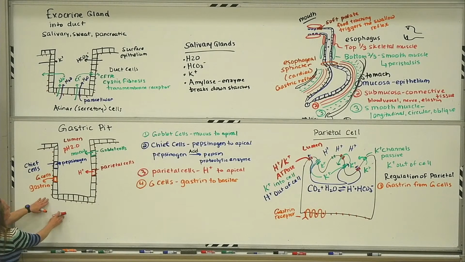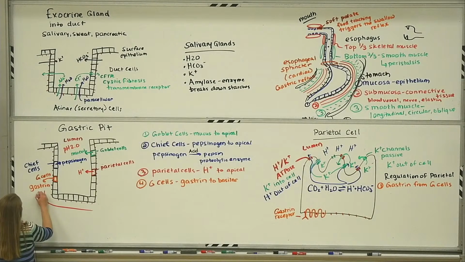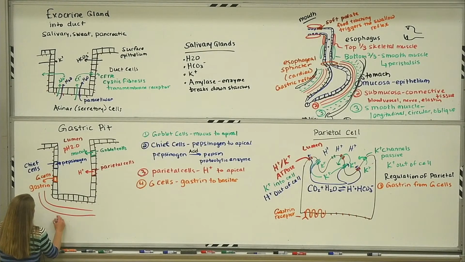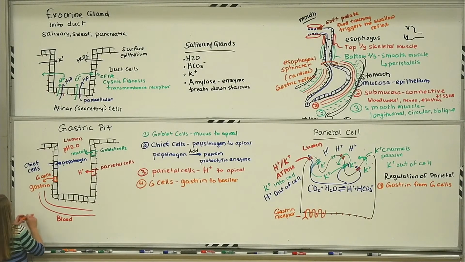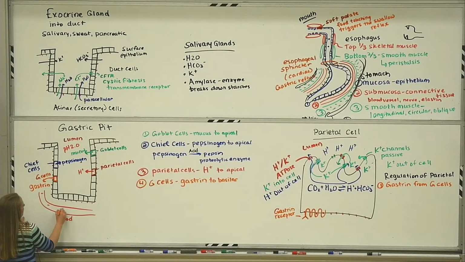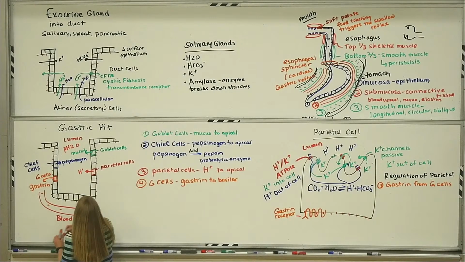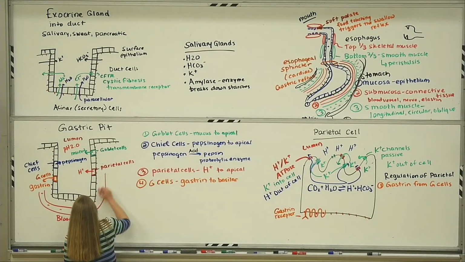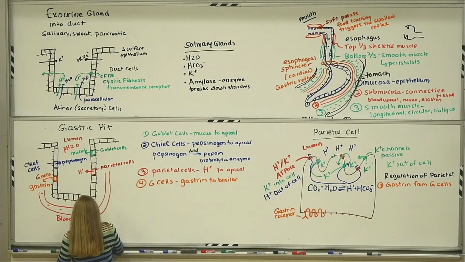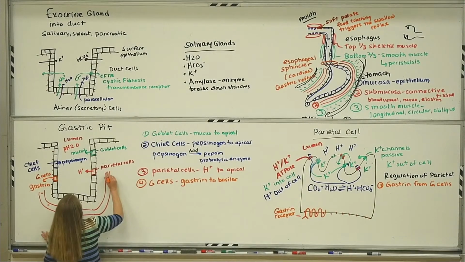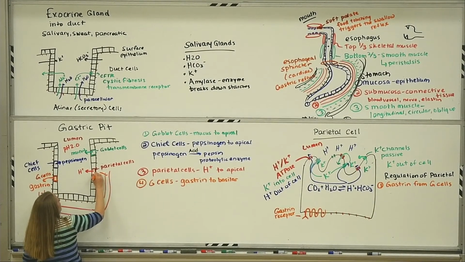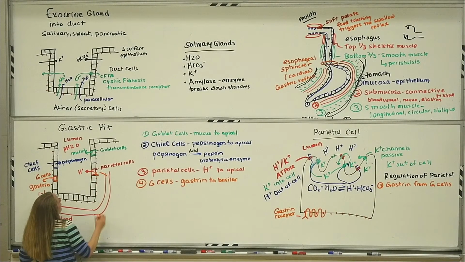So remember we said this was mucosa. We had submucosal layer below this. And in that submucosal layer, you'll have blood. So you can get this gastrin molecule into your blood, and it's going to travel throughout the entire body, oddly enough. But then it's going to come back around, come back out of this blood and bind now to the parietal cell.